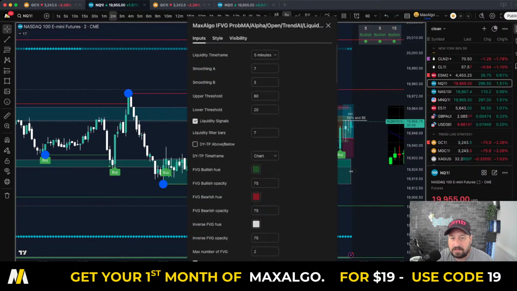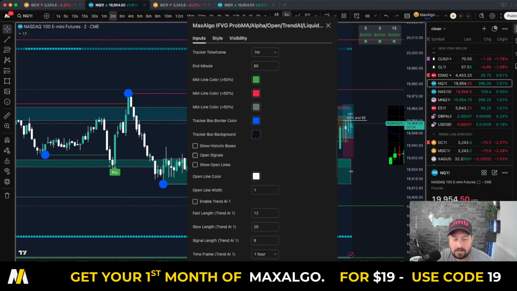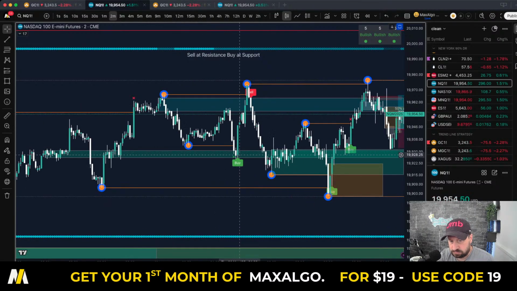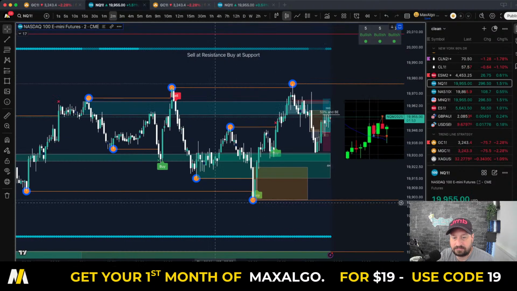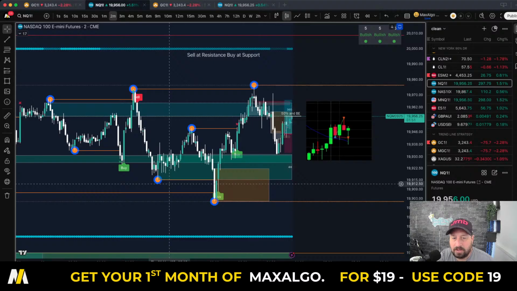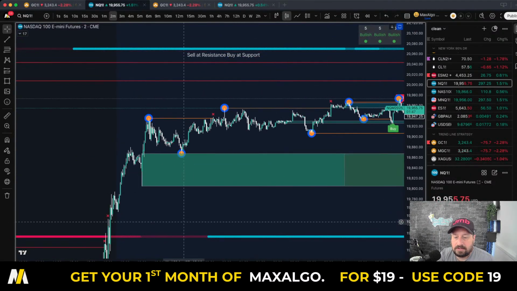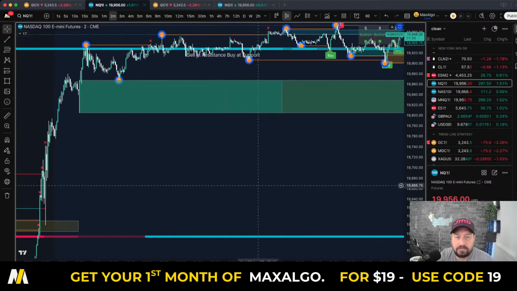But if we just put it to liquidity, you can see even in line with the alpha boxes, it's good. Buy, sell, buy, buy. And we just missed one then, it didn't print. And even yesterday, that was a nice bullish liquidity grab continuation. It's been really good this morning.